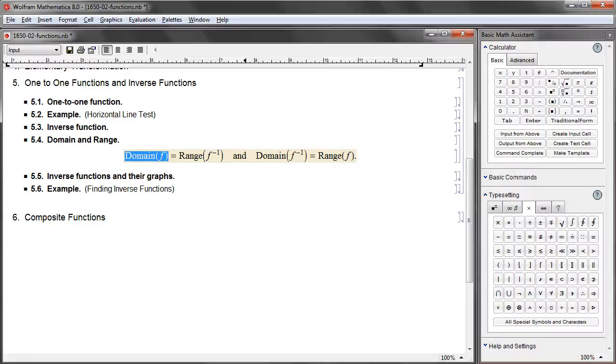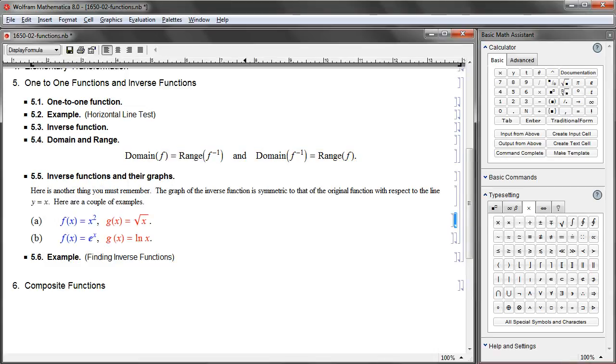So x here is y for the inverse, so the domain of f is the range of the inverse, and vice versa. For the domain of the inverse, x for the inverse is y for the original, so we have range. Let's verify that with these pictures again.